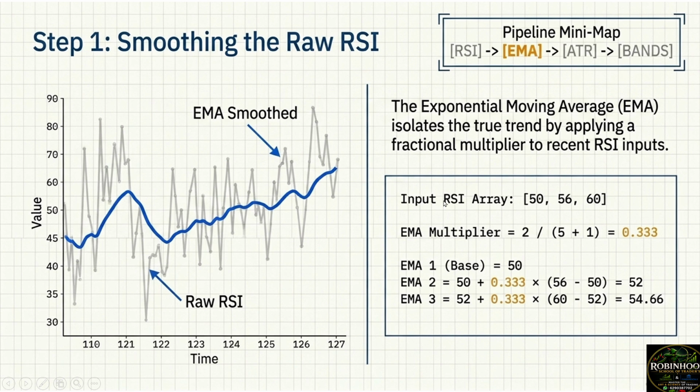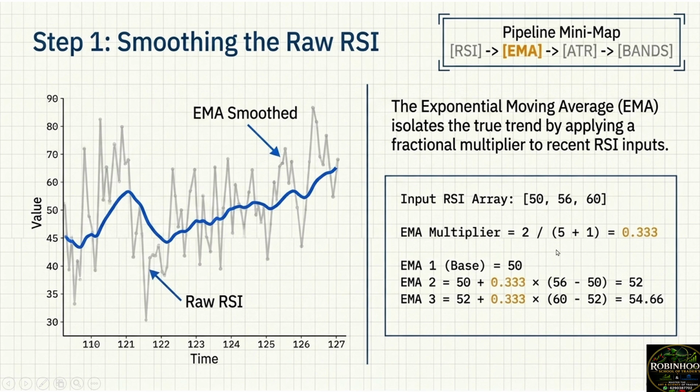So if the RSI of the next 3 periods are 50, 56 and 60, that is a huge price move making higher highs. And as I told you, this will take a multiplier of 5. If you know how to calculate EMA, it is 2 divided by n plus 1, which is 5 plus 1, so it's coming to 3.33. So we multiply this. We get the first EMA at 50, the second EMA at 52.2.